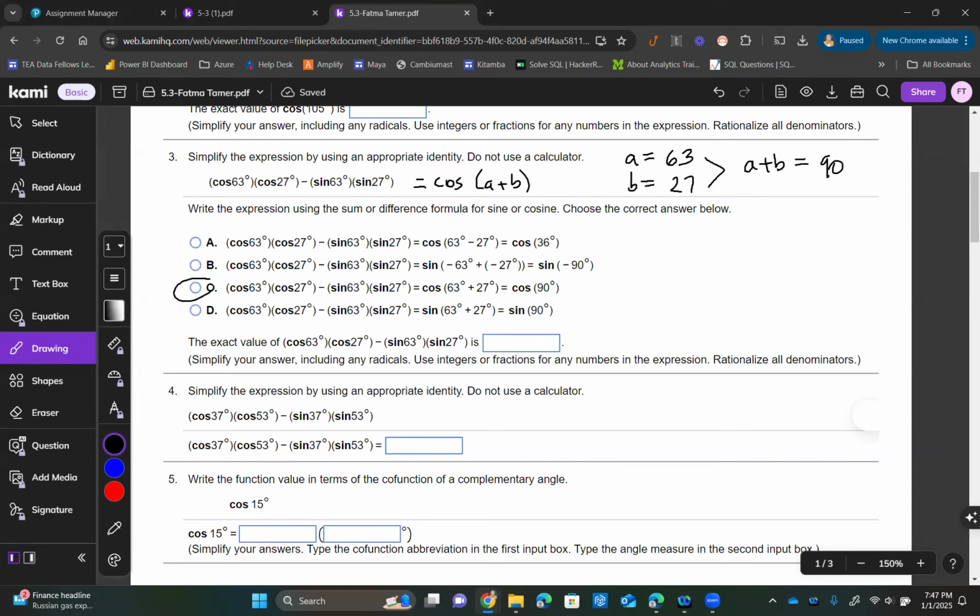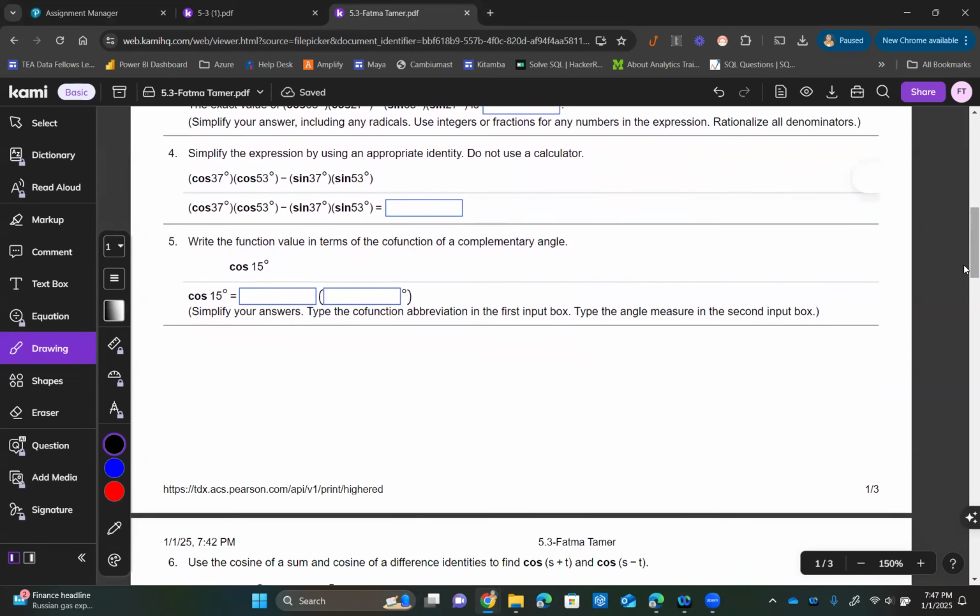This will be chosen from these 4 options. And once we know that this is equal to cosine of 90, we know this value from the unit circle, so we can just type the answer and be done with question 3. Question 4 is very similar, but it doesn't come in parts.